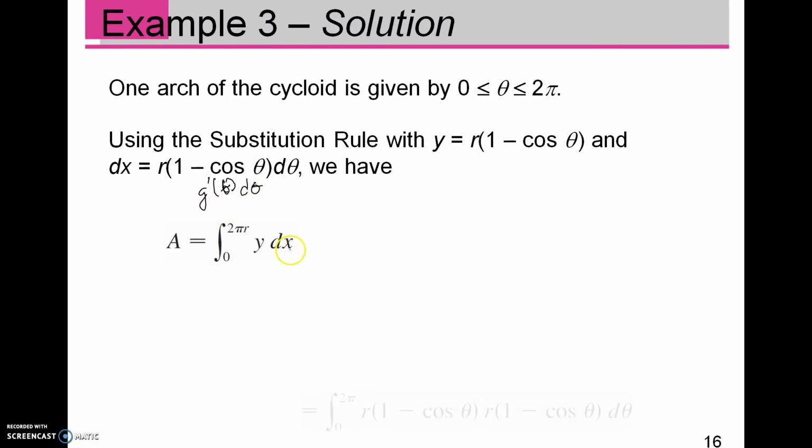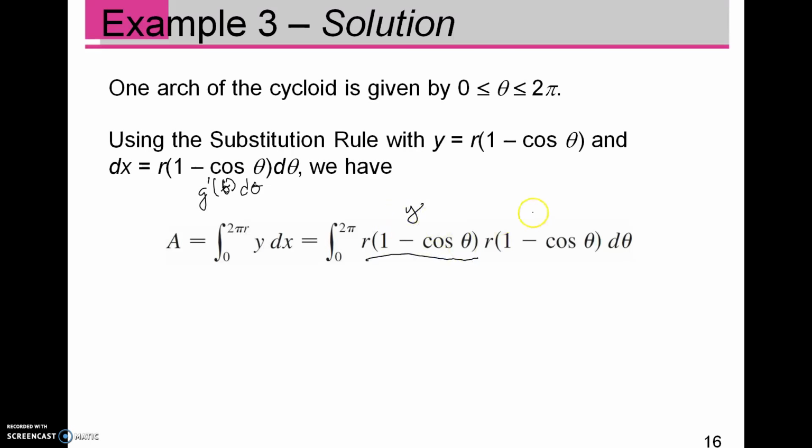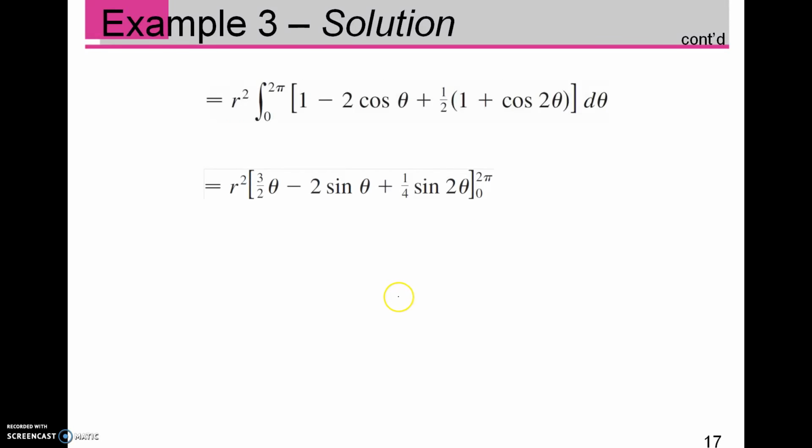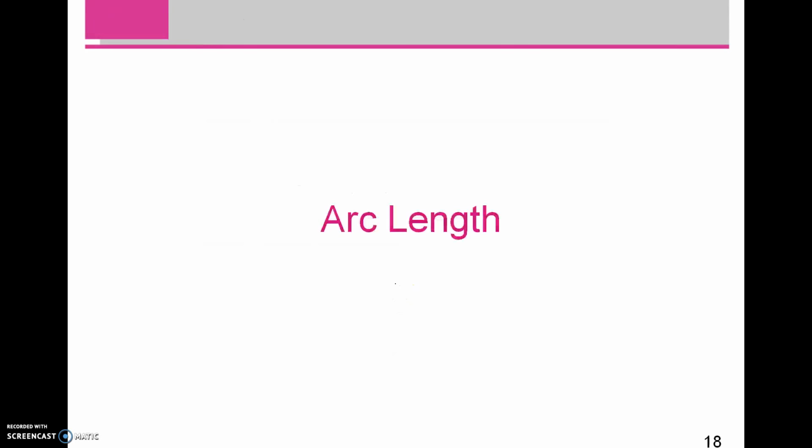So we go ahead and substitute. This is y, and here you go, this is g prime theta d theta. We go ahead and do the integral, and you get 3 pi r squared.